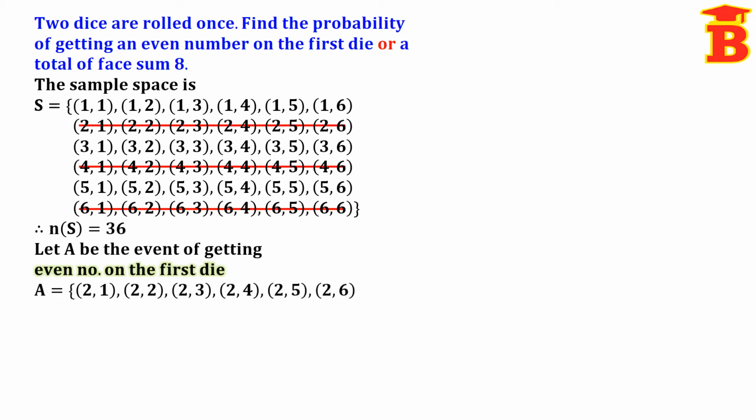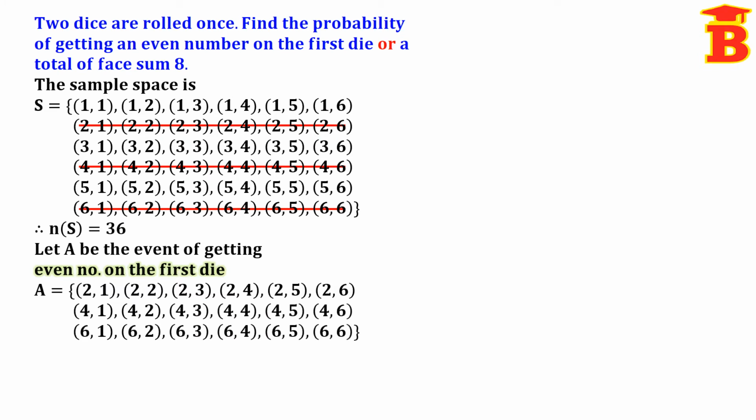Therefore, the event capital A equals the elements in the second row, fourth row and sixth row. And now count and write. In each row we have 6 elements. Here there are 3 rows. So 6 into 3, that is 18.